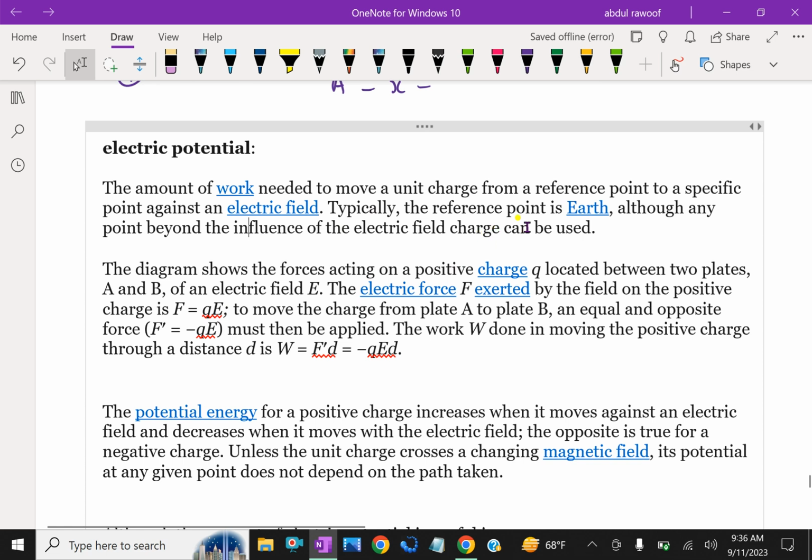Typically, the reference point is Earth, although any point beyond the influence of the electric field charge can be used. That means our reference point is Earth, and from that we calculate the potential energy.